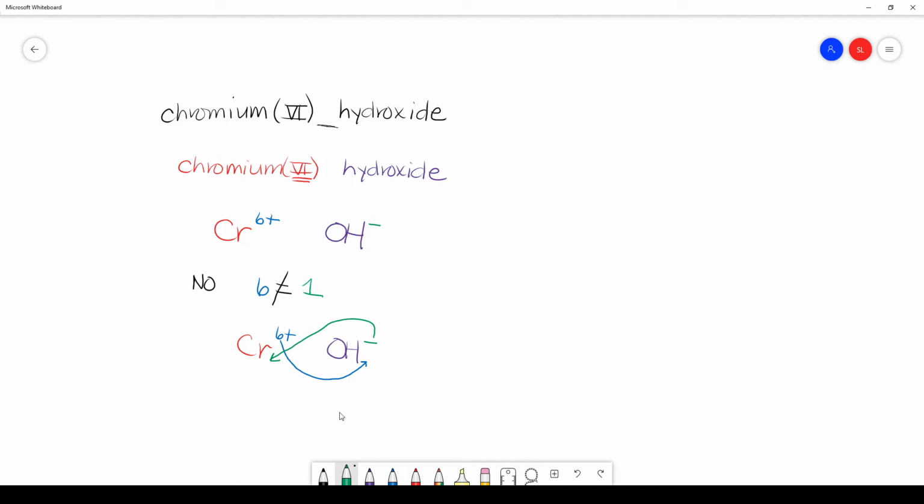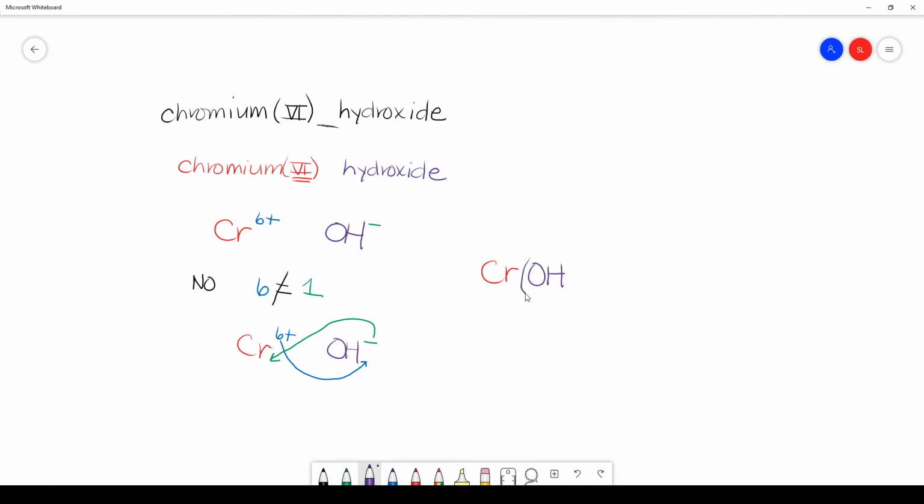Because that first subscript is a 1, we don't do anything with it. We just leave that off. So the chromium will still be just Cr. We leave the 1 off. And hydroxide, OH, will take on the subscript of 6. With our polyatomic ions, if you only have 1 of the ion, you do not enclose it in parentheses.